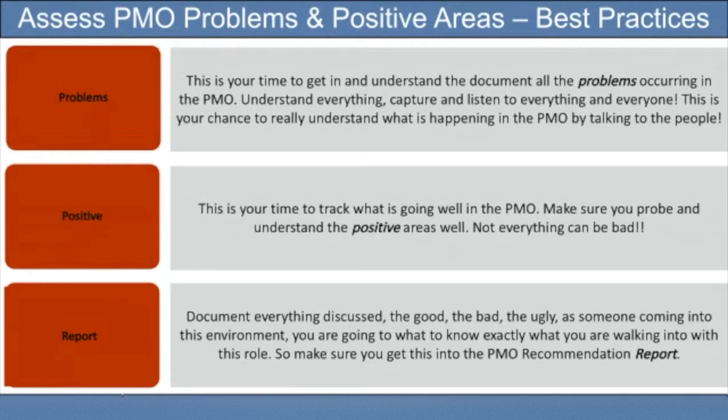Get it all down, get a full end-to-end picture, and then get this into the PMO recommendation report. I can't stress enough how important it is to document the good, the bad, the ugly, and get that in that recommendation report, so your executives, who may or may not be tracking with the PMO, know exactly what's going on. Okay?